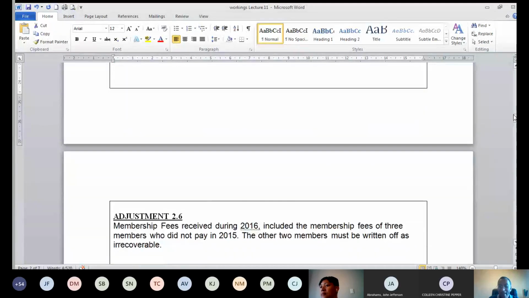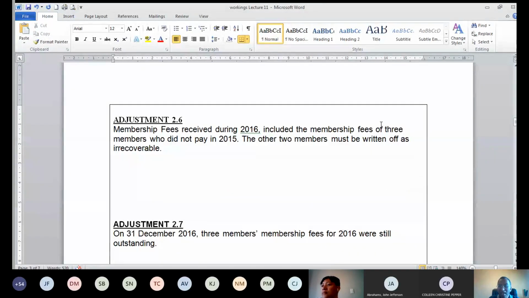Now, of those 5 members, 3 of them paid. 3 of them paid their 2015 membership fees during 2016. So the other 2 that didn't pay their membership fees, we will write that membership fees off as irrecoverable. It is regarded as an expense to the business now. The club will now have an expense. We call this expense membership fees written off.